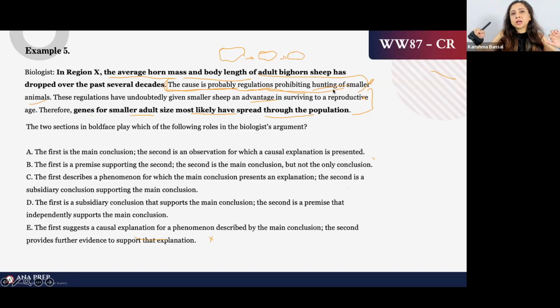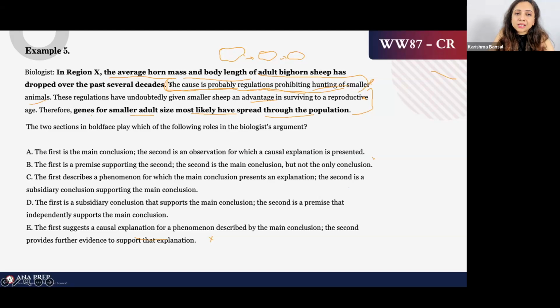What the regulations have done is protect the smaller sheep, so the genes of the smaller sheep are all over the population. So what is that one point this author made? His point was that the cause of the reduction in size is the regulations. Does that make sense?